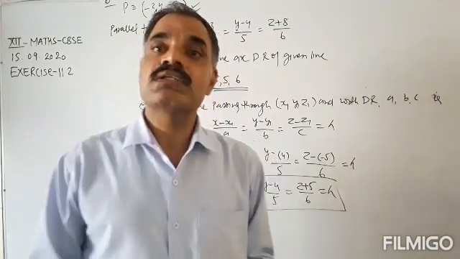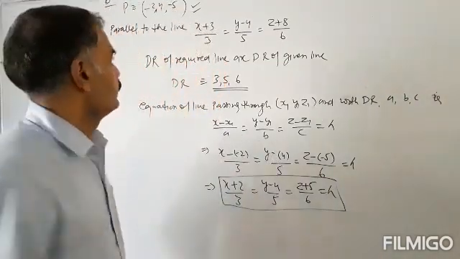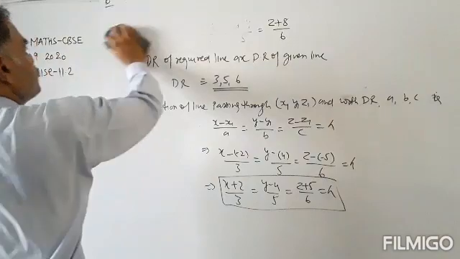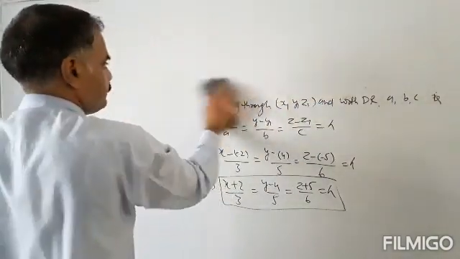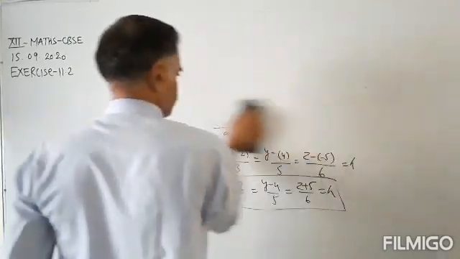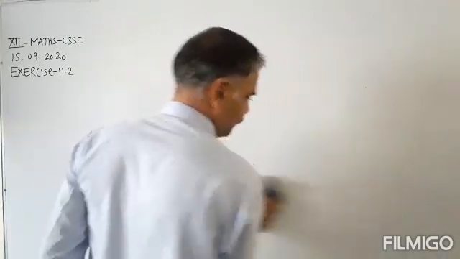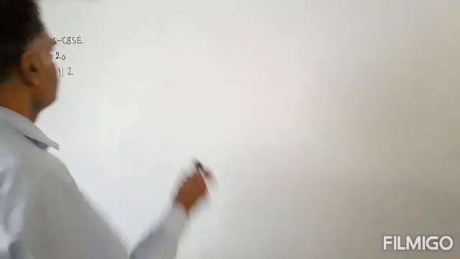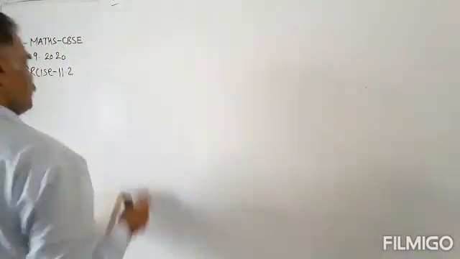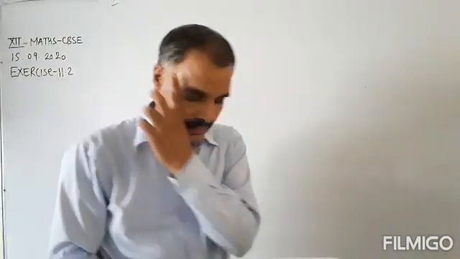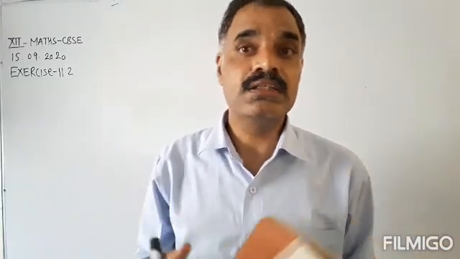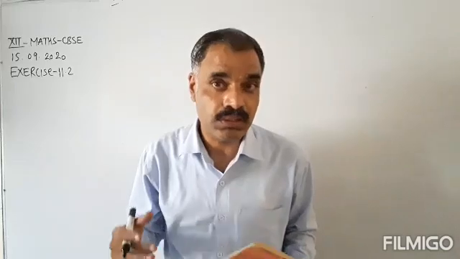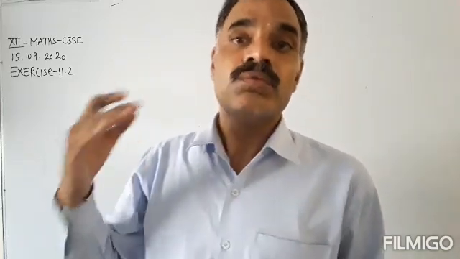Now we will take question number 7. We are doing all the questions of this exercise. Question number 7 of the exercise: we have been given the Cartesian equation of the line, and we have to convert this into vector form.